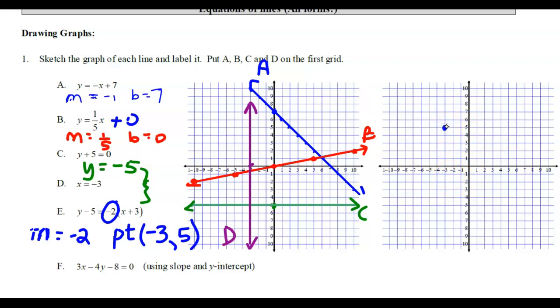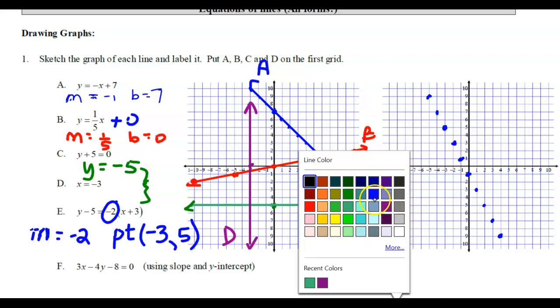Then we use our slope of -2 to plot as many points as we can. So down 2 to the right one, down 2 to the right one, down 2 to the right one. Fill up your grid as much as possible. And then join up the line.